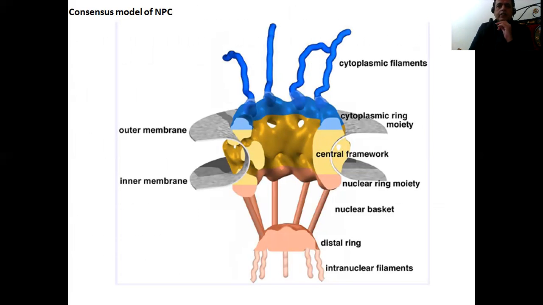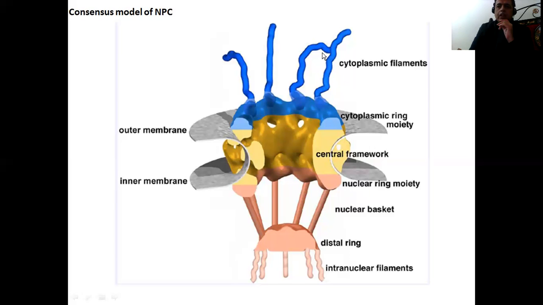So now this is a consensus model of the nuclear pore complex. If you look at it, these are different types of proteins which have come together. This is the outer membrane and this is the inner membrane. It's just a representation of the membrane. And this blue, golden, and pink color, these are different proteins which are coming together.